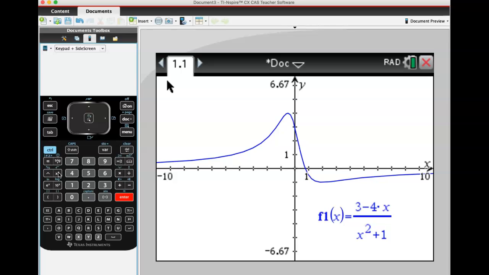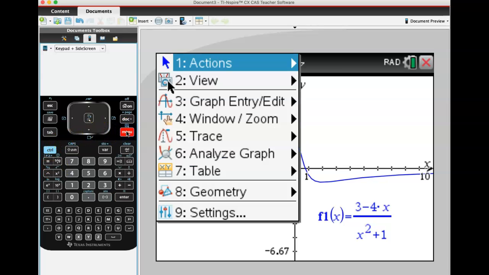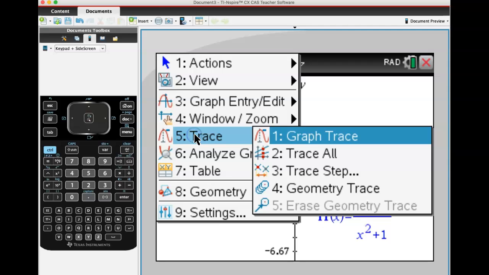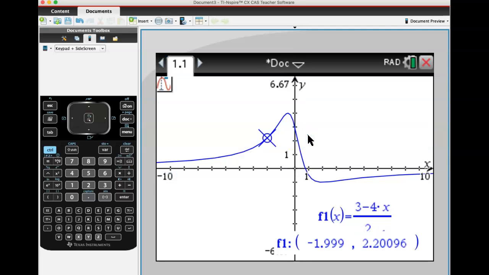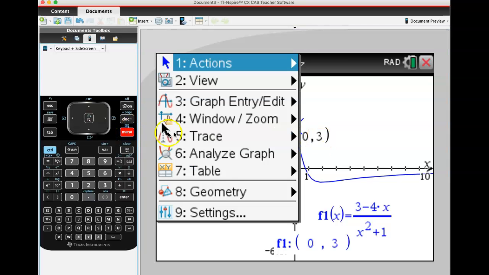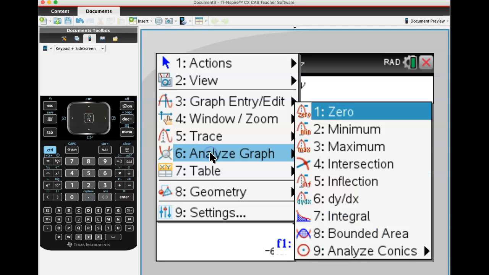So if I wanted to find the y-intercept, I'm going to say menu, trace, trace graph. And then I'm going to put a 0 in for x, hit enter. And if I hit enter again, it's going to drop my y-intercept. Okay? If I need x-intercepts, I'm going to say menu, analyze graph.